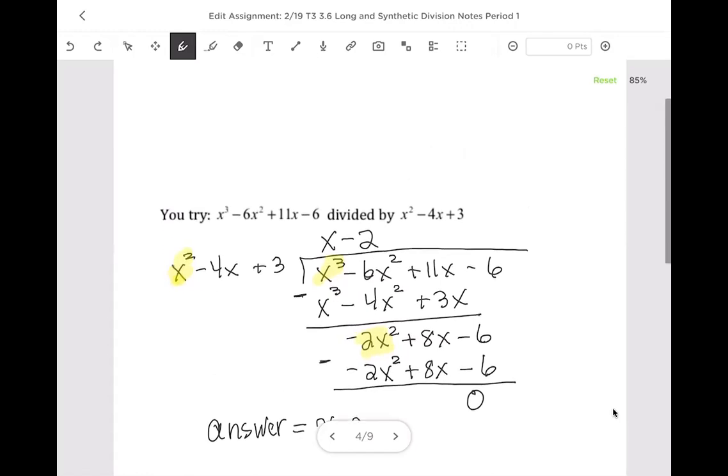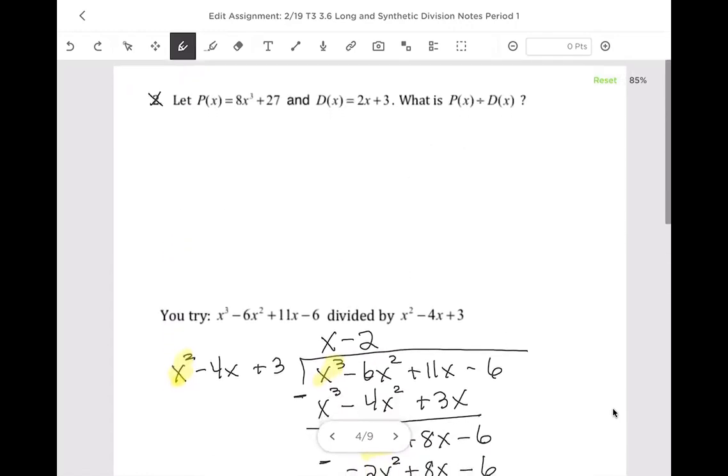Okay, I was going to skip this one, but I decided to go back because sometimes when you're dividing, the entire polynomial in standard form has gaps. And in those gaps, you have to put almost a placeholder when you're doing long division. Okay, so 2x plus 3 divides into 8x cubed, but then there is no x squared term.